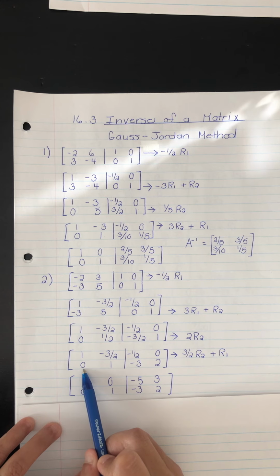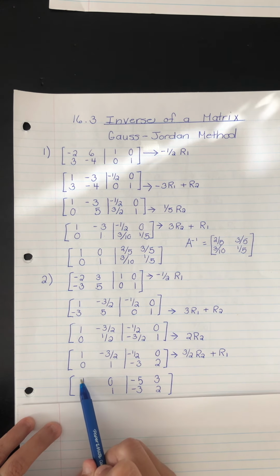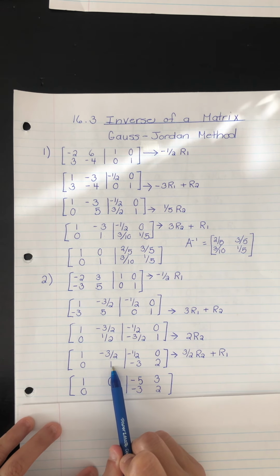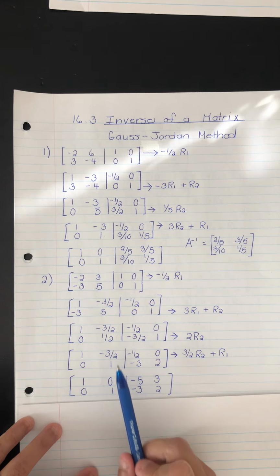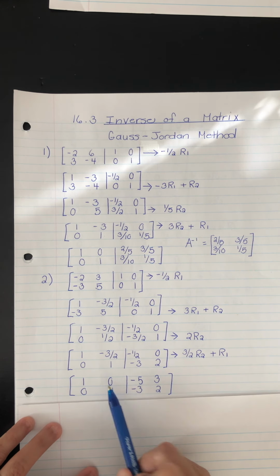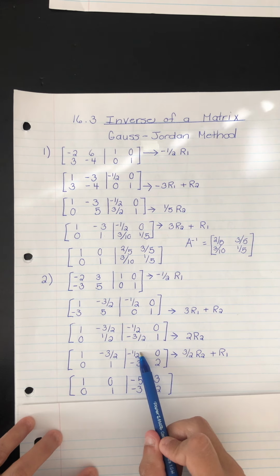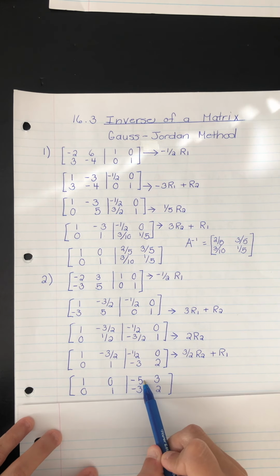So 3/2 times 0 is 0. Plus 1 is 1. 3/2 times 1 is 3/2. Plus -3/2 is 0. 3/2 times -3 is -9/2. Plus -1/2 is -5.